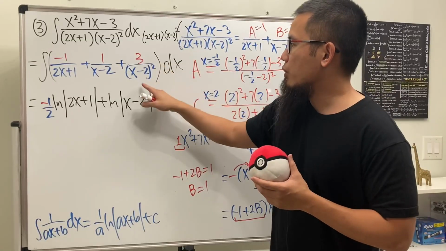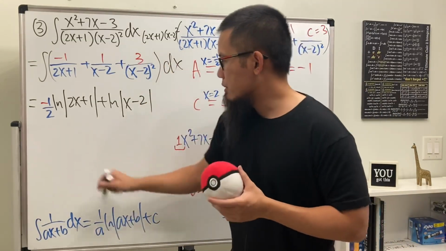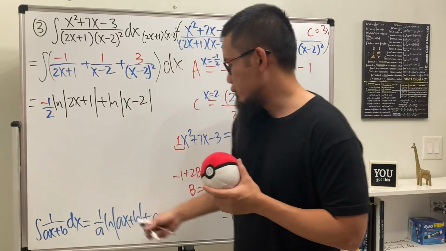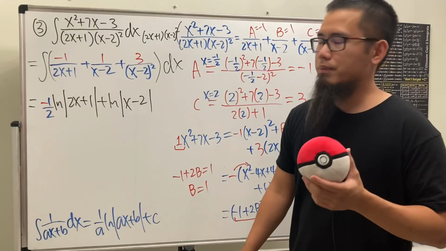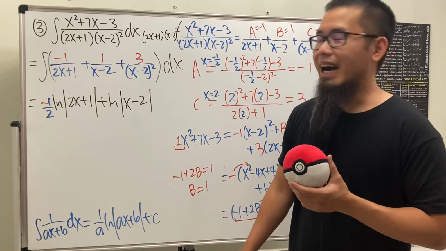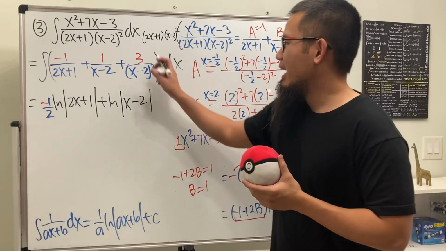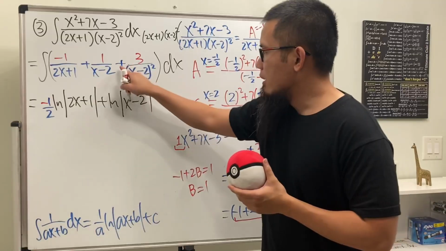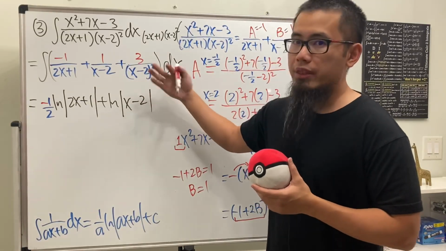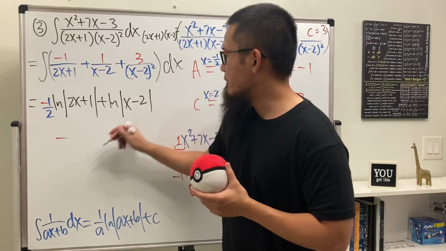Lastly, we have the 3 over that, which is very similar to what we did earlier. I'll just tell you: look at what we did earlier. When you do u sub, you end up with a negative for the result of the integral, so it becomes negative, and then we have the 3.